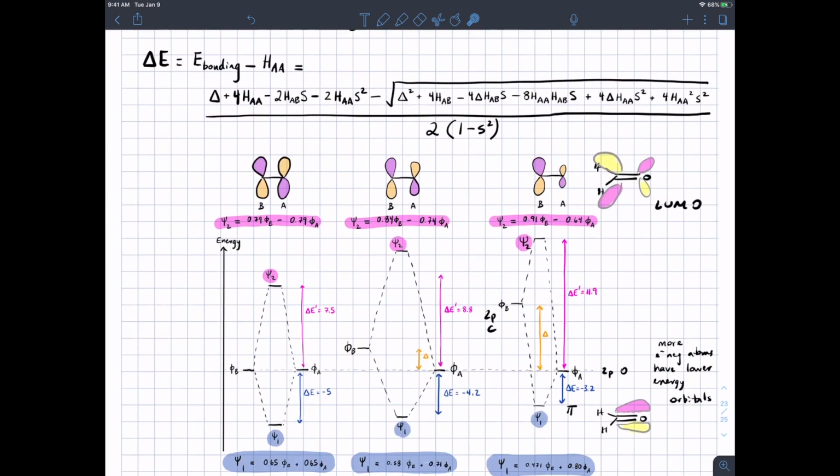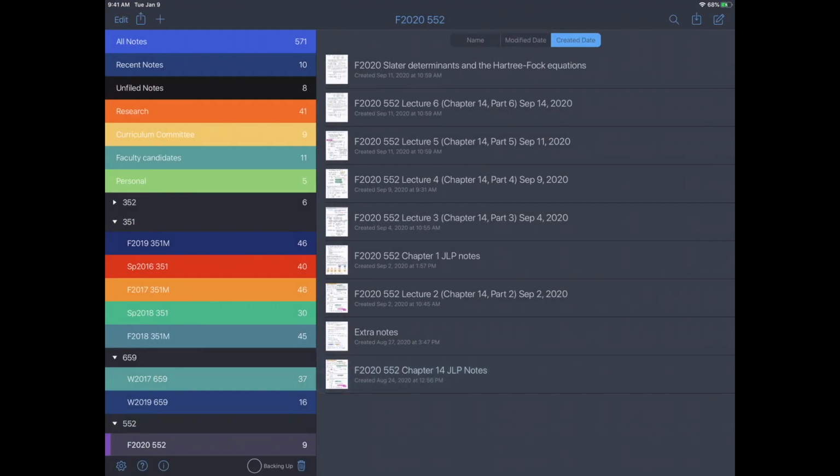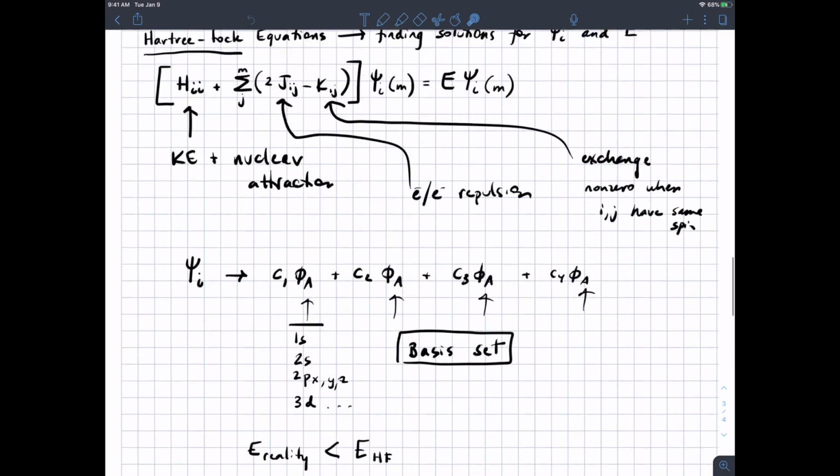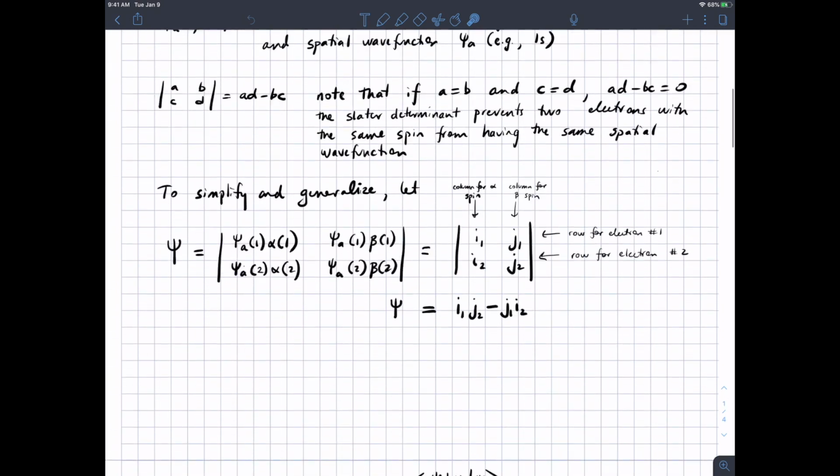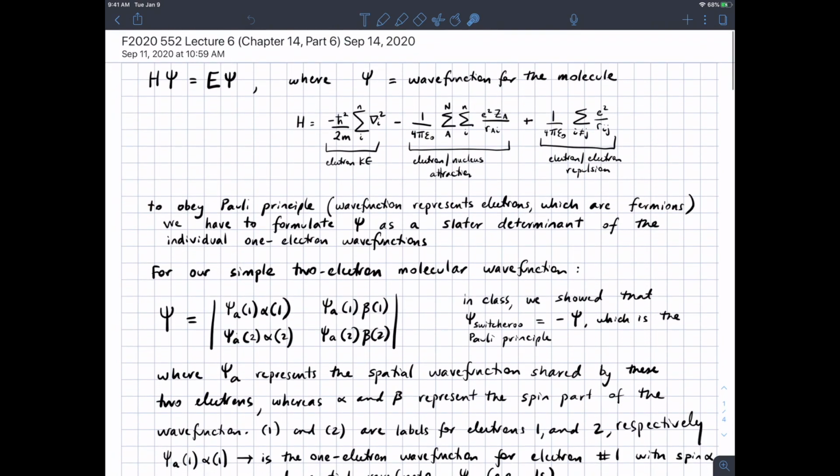Am I going to have you evaluate large Slater determinants and try to carry them through? I don't think so. It would be pointless and silly for me to ask you to evaluate a 3x3 or higher determinant by hand, because you're not going to do that. If you ever needed to, you would just ask a computer to do it. And frankly, when using Gaussian, you don't do math really at all.